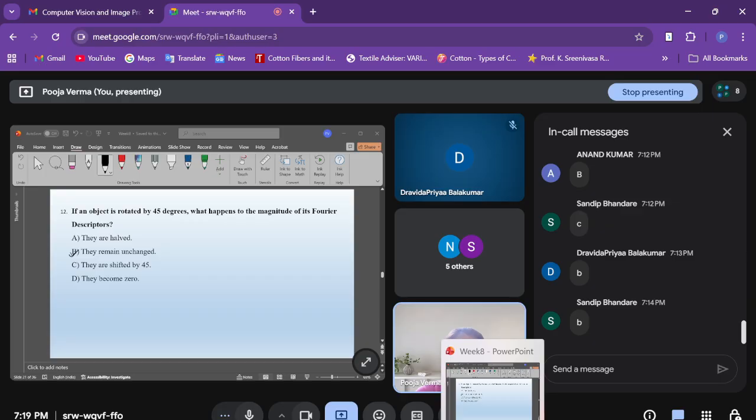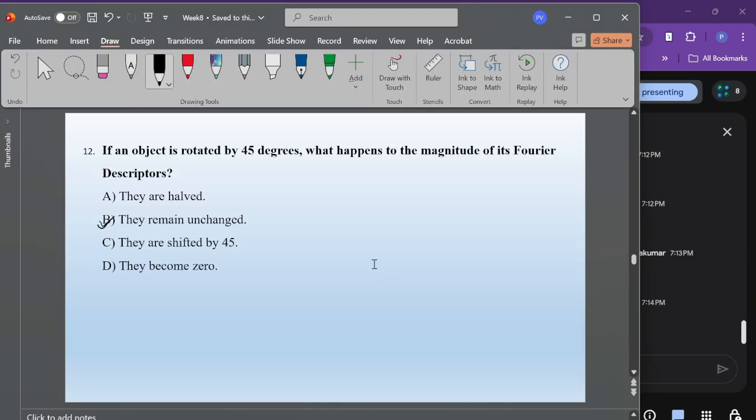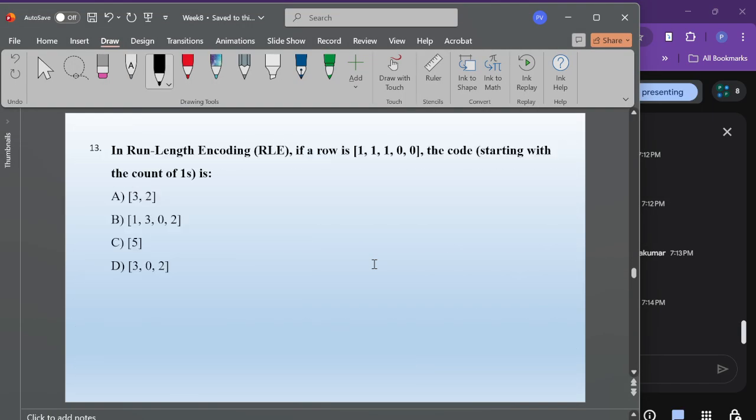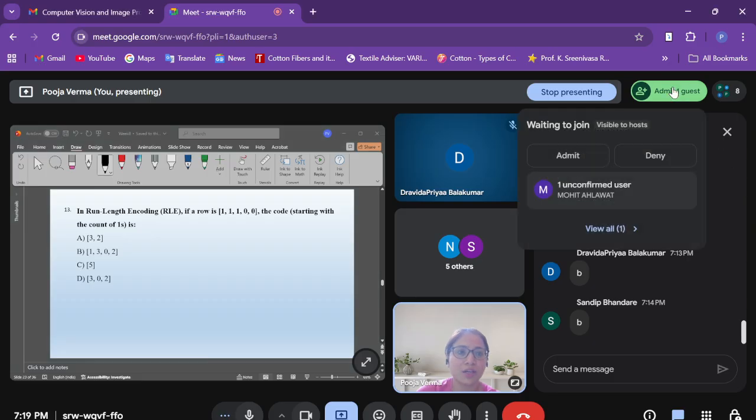Okay, so now moving to our next question. Our next question is: in run length encoding, that is RLE, if a row is 11100, with the code starting with the count of ones, what will be the code? The run length row is given.